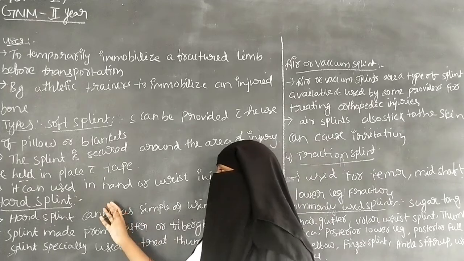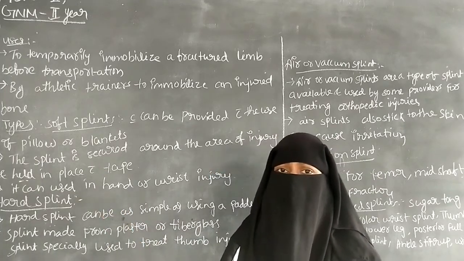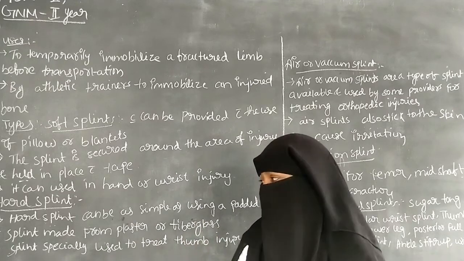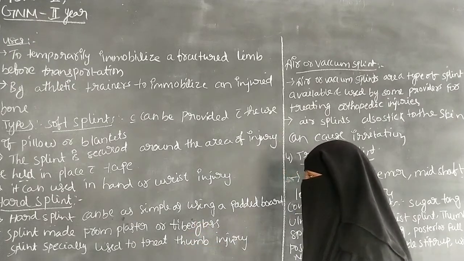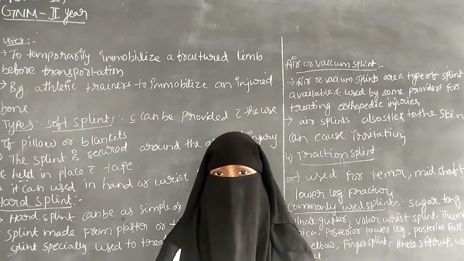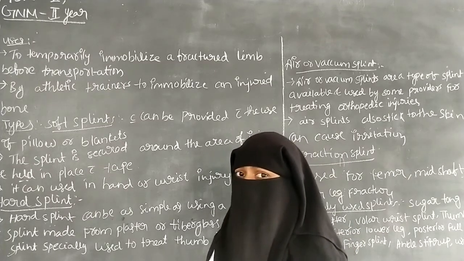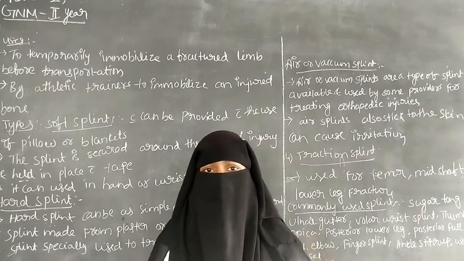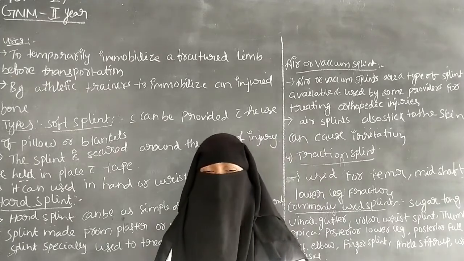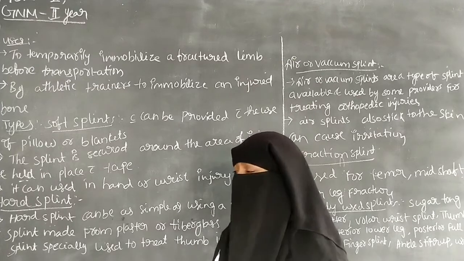So the hard splint is mostly used in thumb fractures and forearm fractures, and it can be made from plaster or fiberglass.